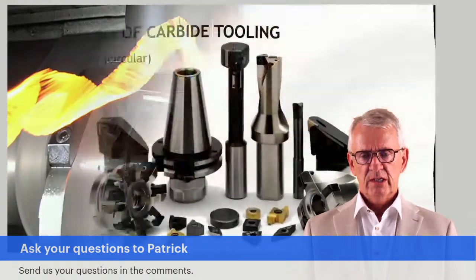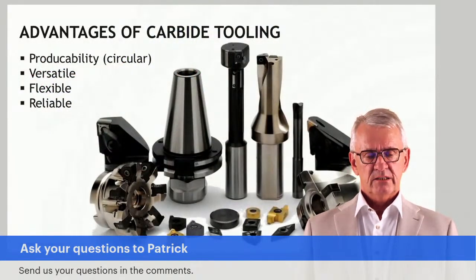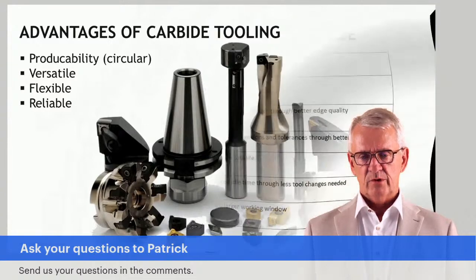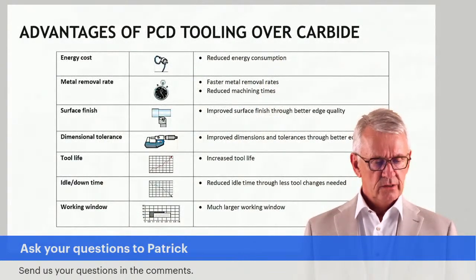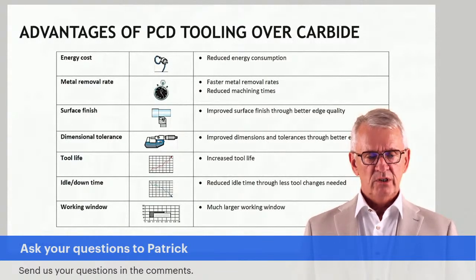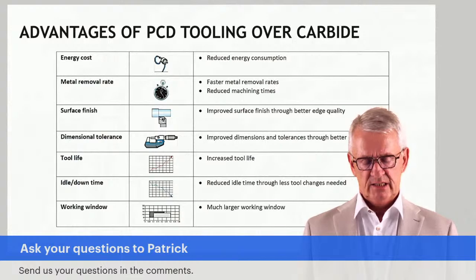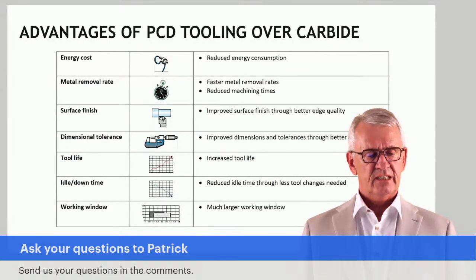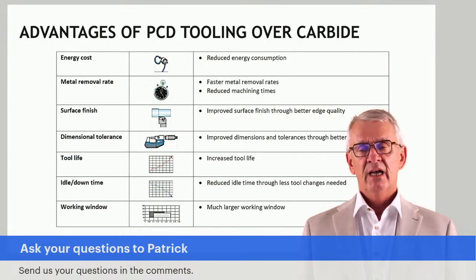Summary conclusions. Carbide, the basic of today, the classic of today, offers easy producibility. Today we can use it in a circular manner. It's not a throwaway system anymore. It's versatile, flexible, reliable. Diamond: only good news about diamond. Whatever you look at, it's very advantageous as a cutting material.